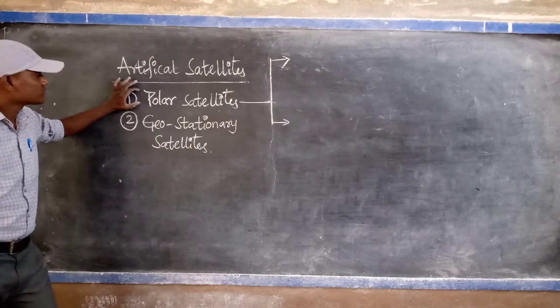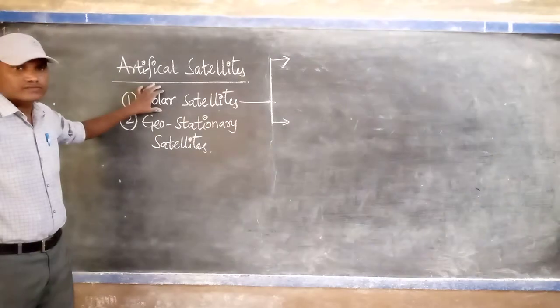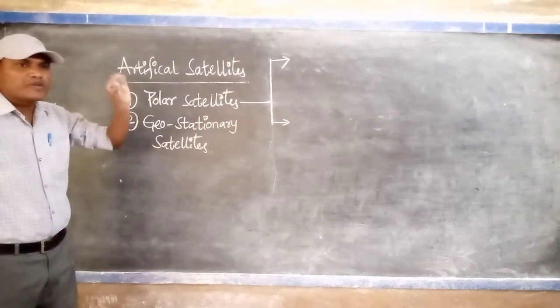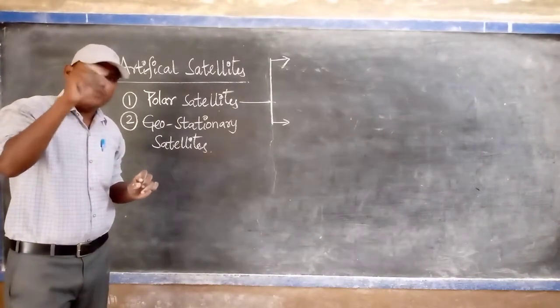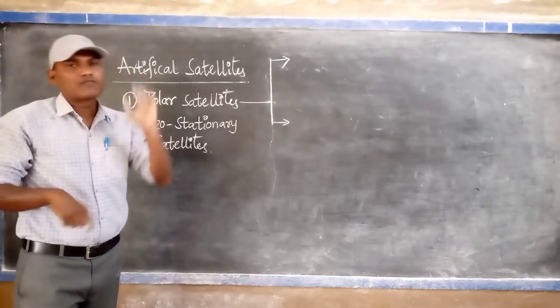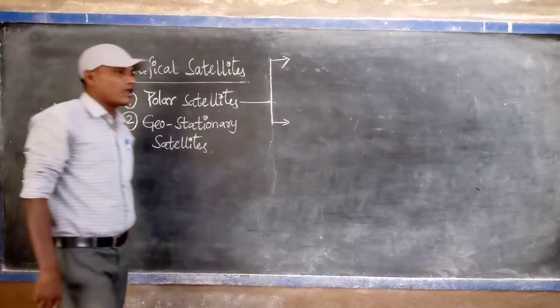Listen very carefully. The satellites whose orbital plane is perpendicular to the equatorial line of the Earth, those satellites we call polar satellites.